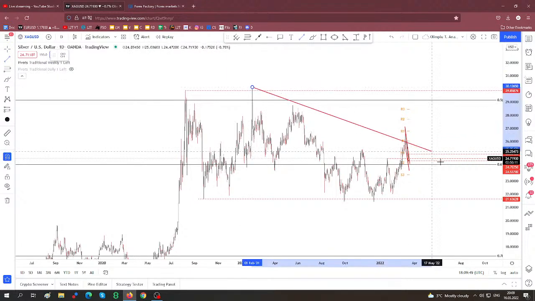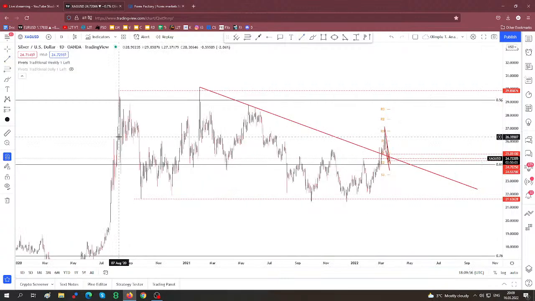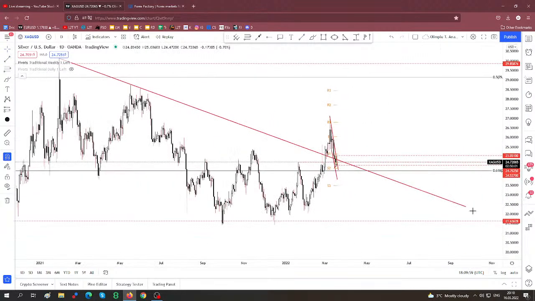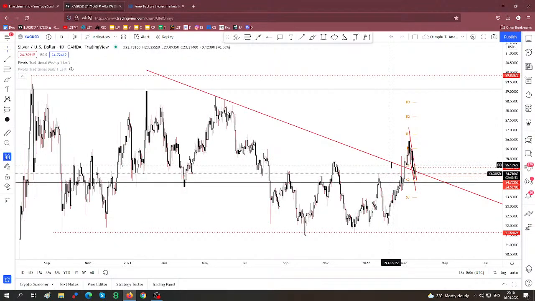I deleted my drawings only because I want to build something new here. So right now, after this breakout, it has dropped maybe to retest this key level and also the broken downtrend line.